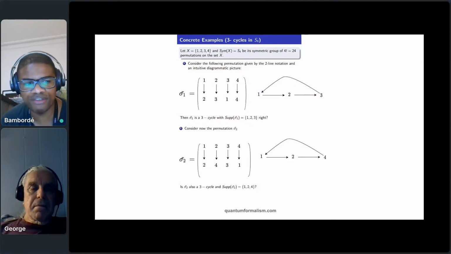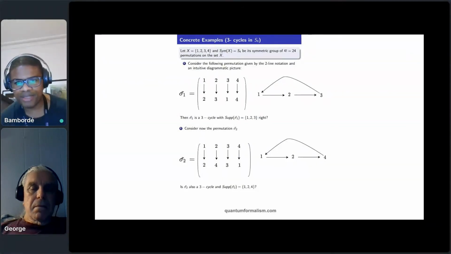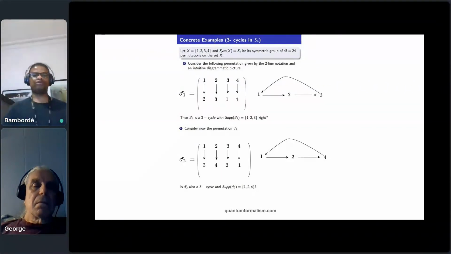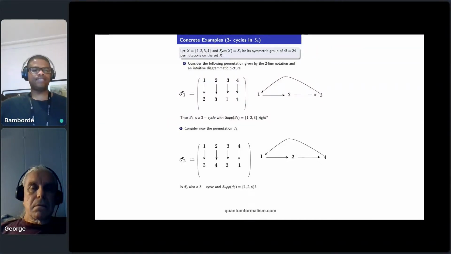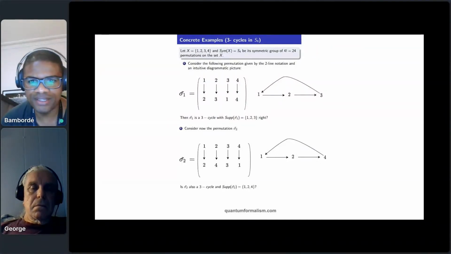And then it leaves 4 untouched. Using this diagram on the side, it is much easier to see this. It takes 1 to 2, it takes 2 to 3, and then it cycles back again. It goes back again to 1. So you start to see why the naming cycle. So it goes again.